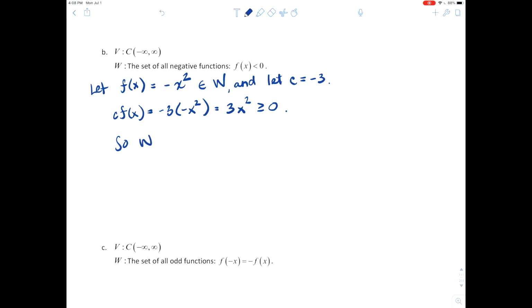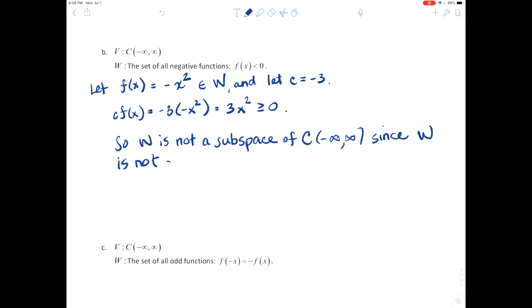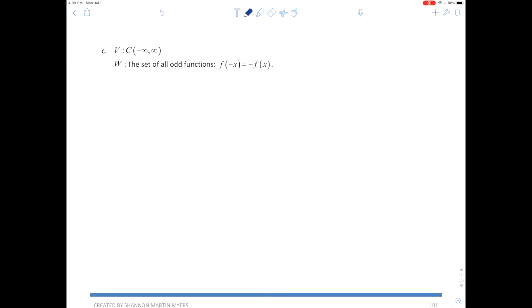So W is not closed, is not a subspace of the set of continuous functions on the real line, since W is not closed under scalar multiplication, okay?